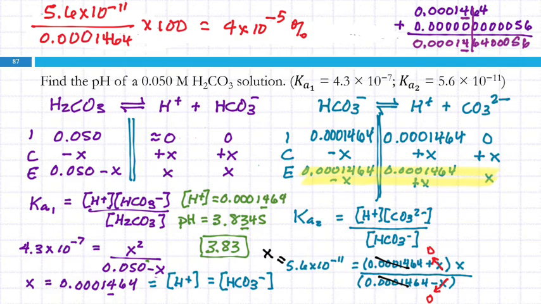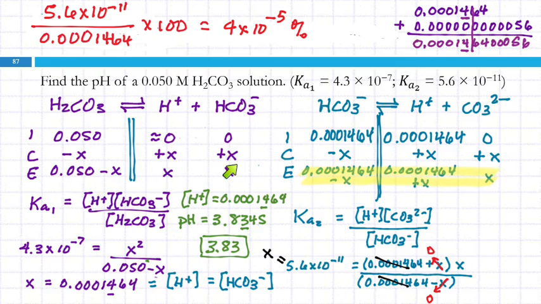But that other question that's referring back to this one is asking, what's the CO3 2- concentration? Well, this doesn't tell us that. So what we do is use the results of the first ice table as the initial values for the second ice table.